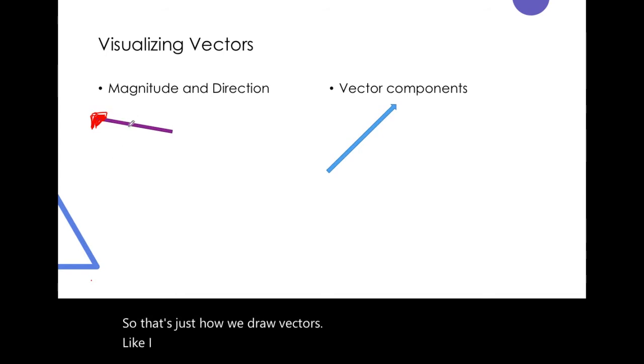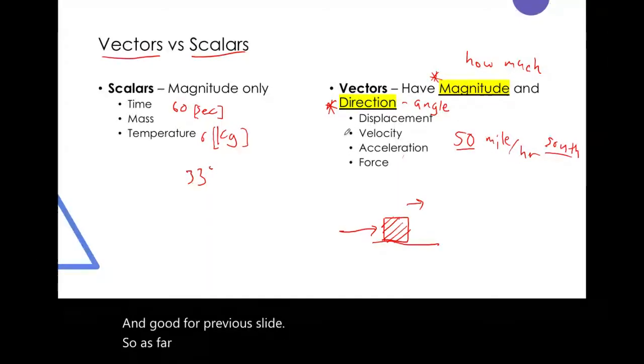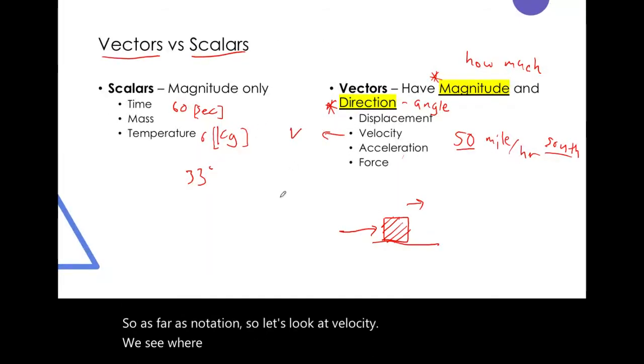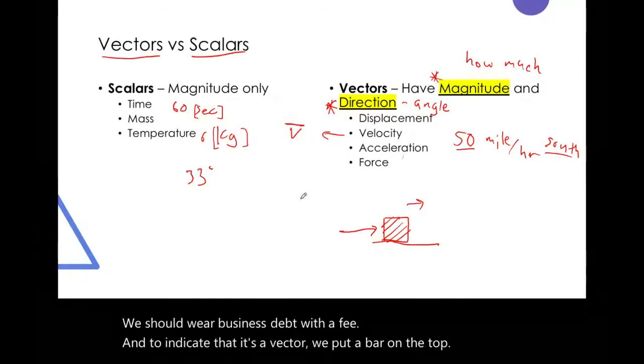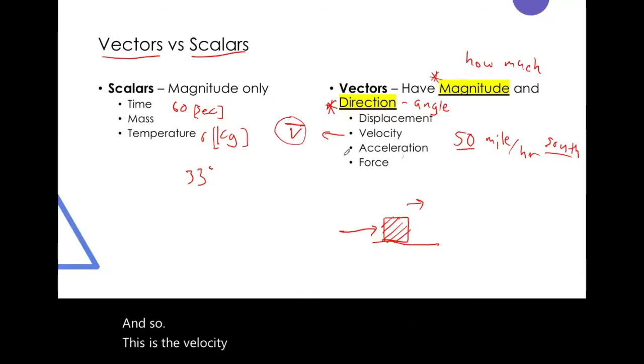Another thing I should say is, as far as notation, let's look at velocity. We usually represent that with a v, and to indicate that it's a vector, we put a bar on the top. So this is the velocity vector.